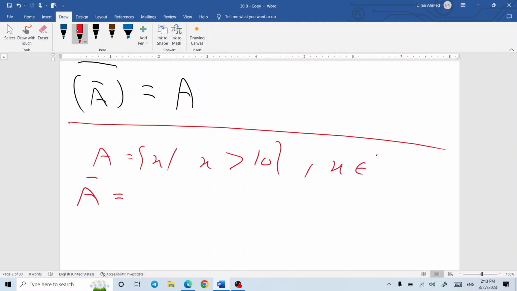X belongs to Z positive. When I say Z positive, I mean 1, 2, 3 till infinity. So tell me, the complement of A is equal to what? X less than or equal to 10, right? From 1 till 10. You got it here? Clear?